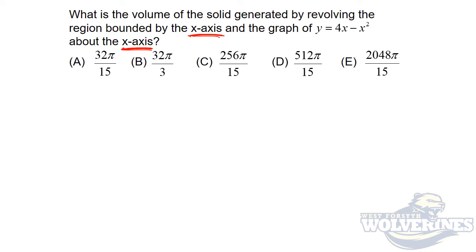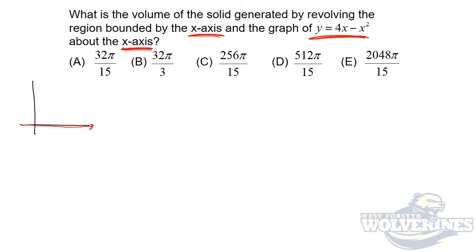Okay. Always want to sketch these first if a sketch has not been provided for you. I'm going to draw some happy little axes over here. Okay, so the x-axis is one of my boundaries. That's nice. My other function is y equals 4x minus x squared. For the interest of time, I'm just going to sketch in what that looks like.